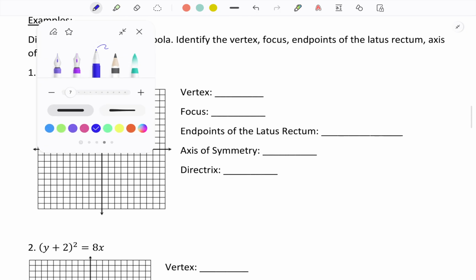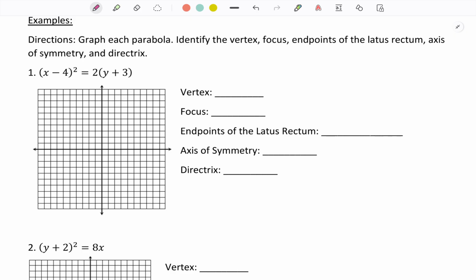So for our examples here for graphing, we are first going to determine our vertex. So we have 4, -3. So we're going to be at 1, 2, 3, 4, 1, 2, 3 down. So there is our vertex.